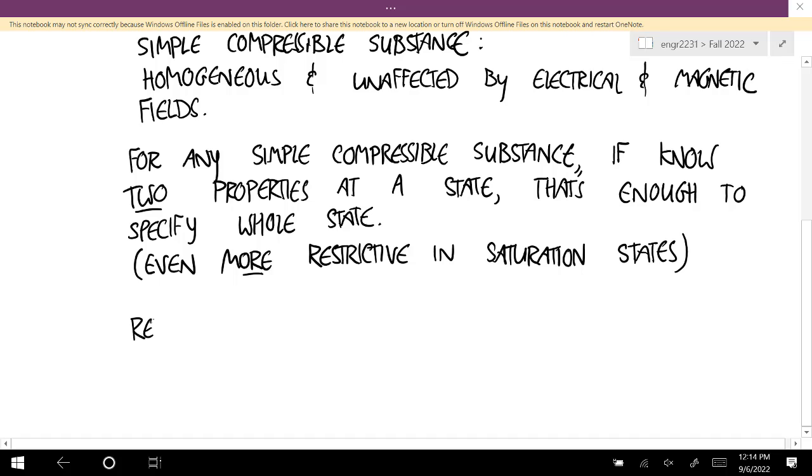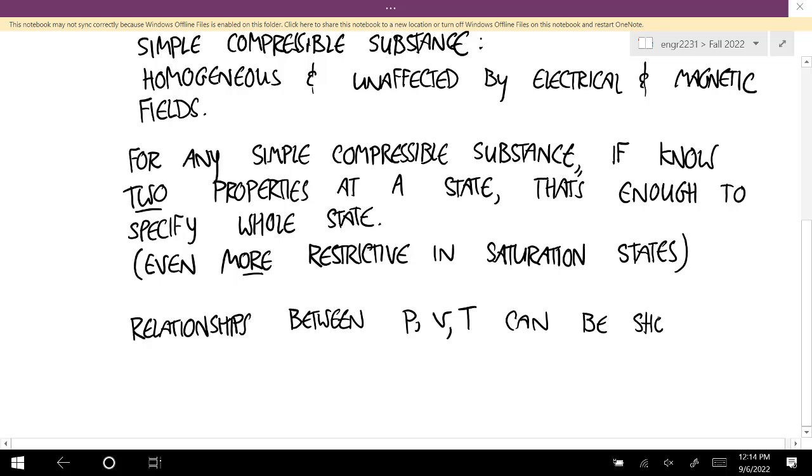The relationships between P, so the pressure, the specific volume, and the temperature can be shown on a 3D surface called the PVT space.